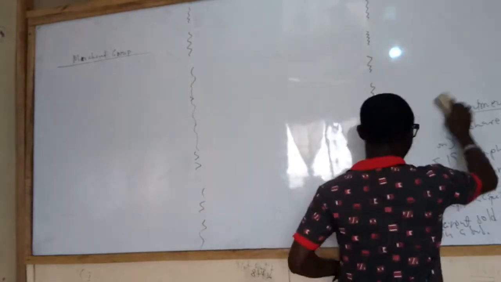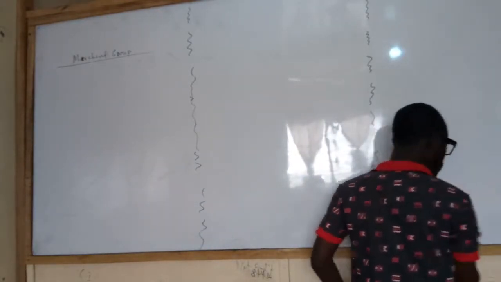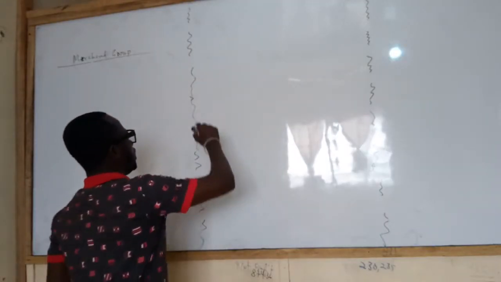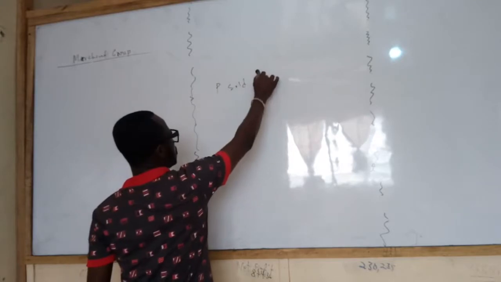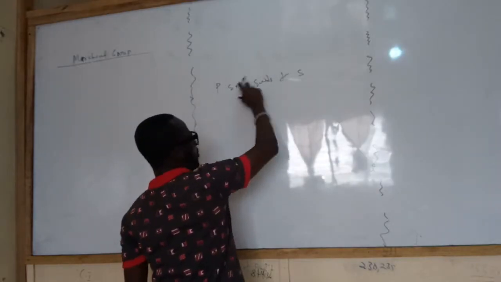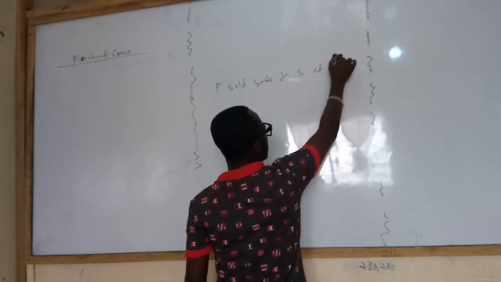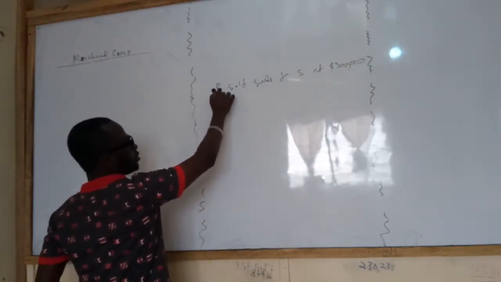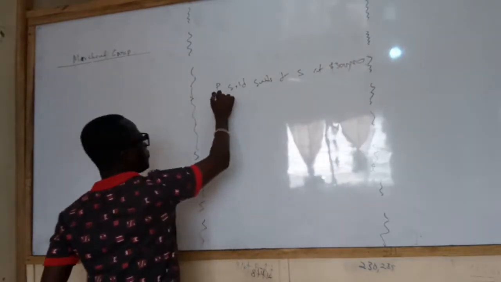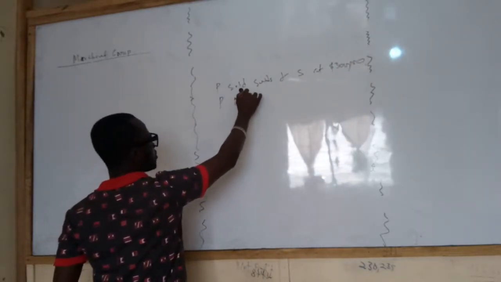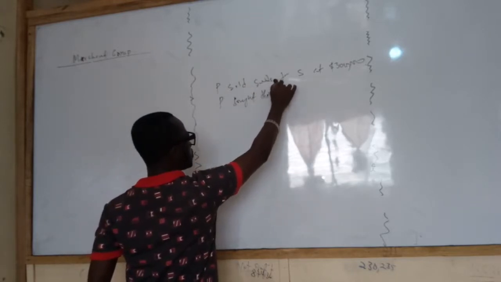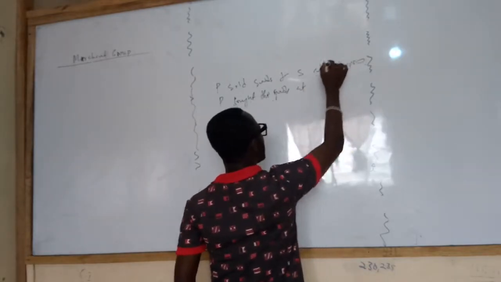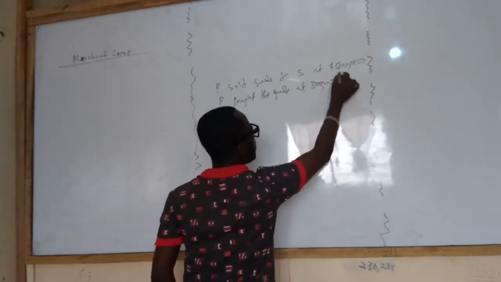on the intergroup trading issue. Now, with intergroup trading, for instance, if we say P sold goods to S, P is the parent, S is the subsidiary, at $500,000, and P bought the goods at 300.